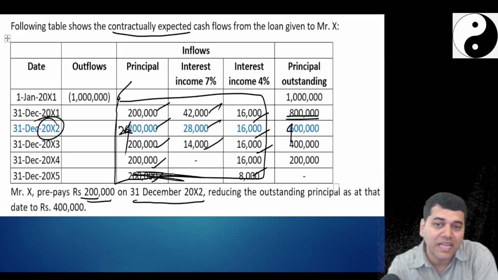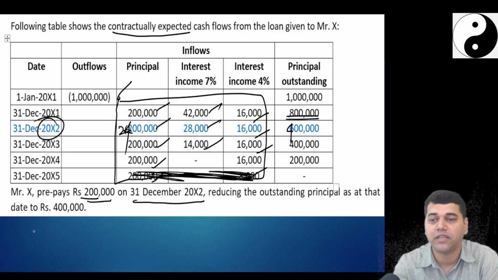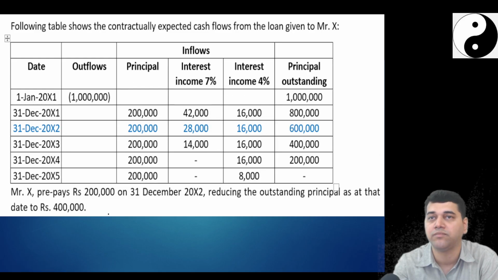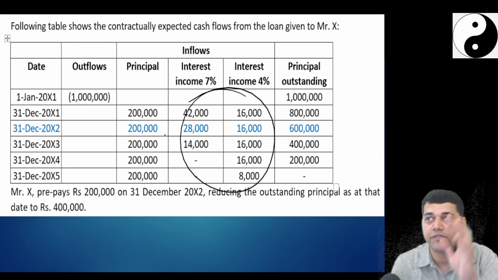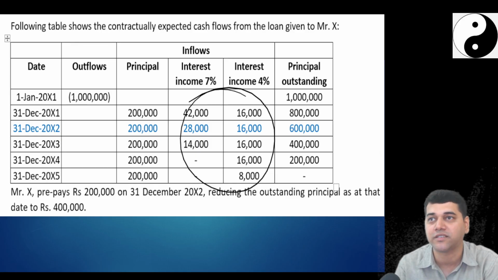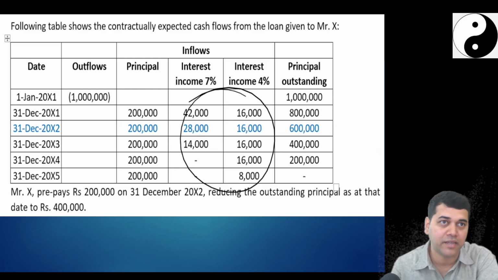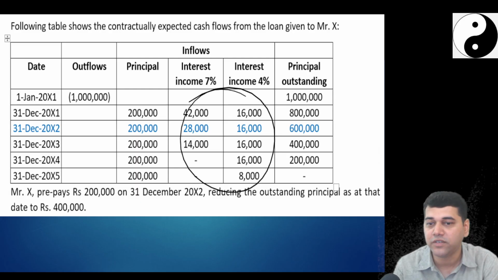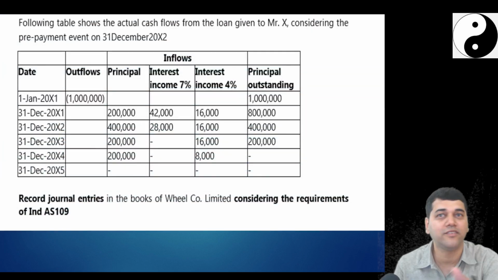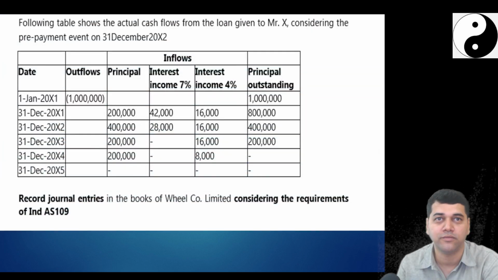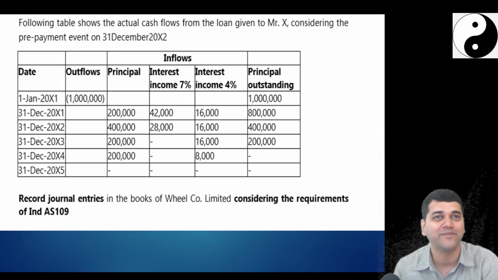So literally the last year will go off. That means this schedule is going to change now. Since he repaid, your interest also gets reshuffled. Otherwise, there would not have been any headache with the interest; only the last year's interest would have been removed. But here they have given a slab, so your interest also gets reshuffled. See, this is the complexity of Ind AS. They give the reschedule also.